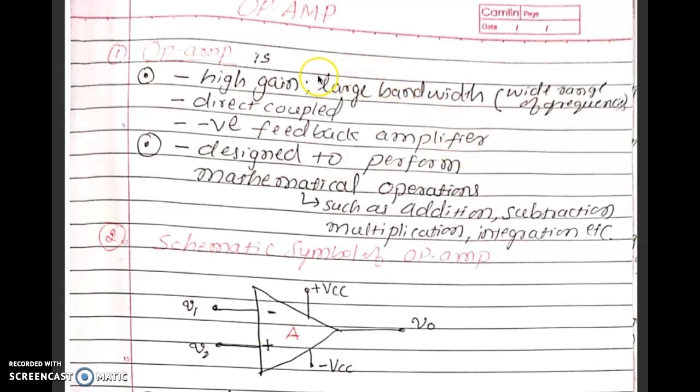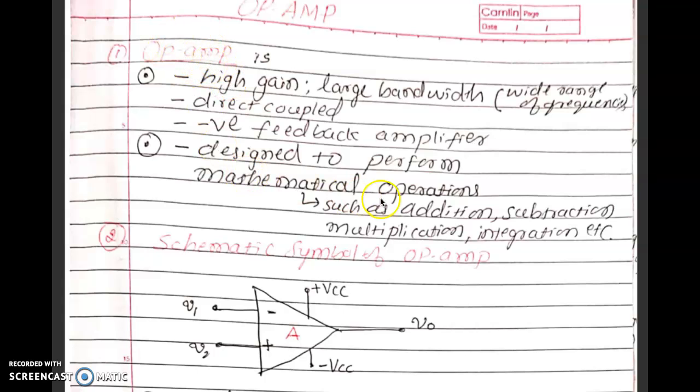So how we have to define the op-amp is: op-amp is an electronic device having high gain, large bandwidth, direct coupled negative feedback amplifier, and it is basically designed to perform mathematical operations such as addition, subtraction, multiplication, integration, etc. The various simple math operations are being performed by op-amp.